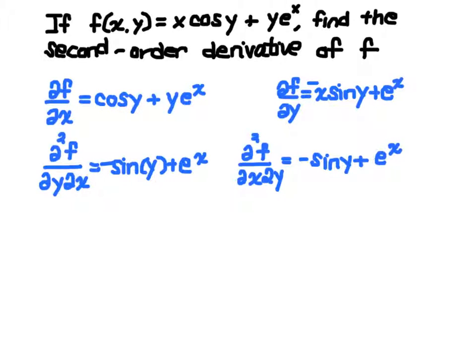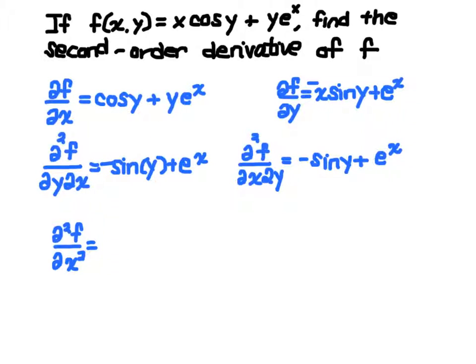Now we're going to find the second partial derivative of f with respect to just x. So that means we're going to find the partial derivative of this with respect to x, because this is the first partial derivative with respect to x, and now we're going to find the second.